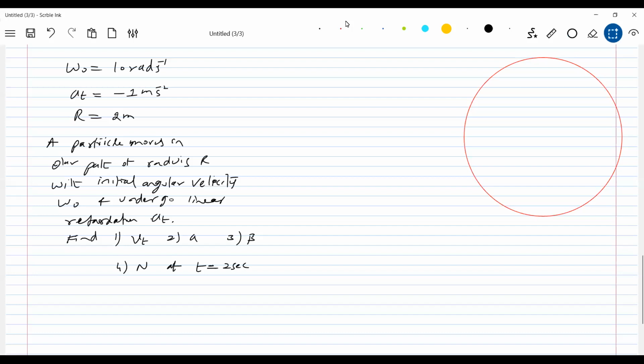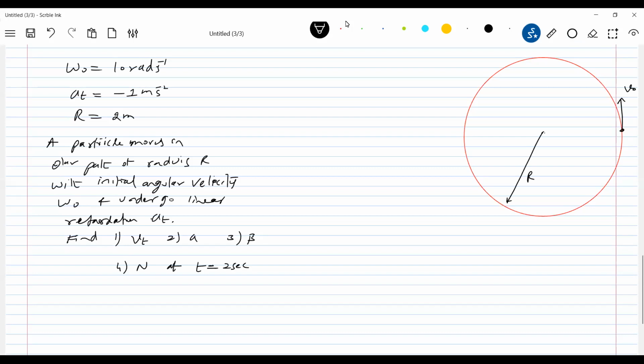Like this. So this is the radius. Let me take this initial point. It's having some initial velocity. Now, what is that A tangential? I am writing retardation, no?